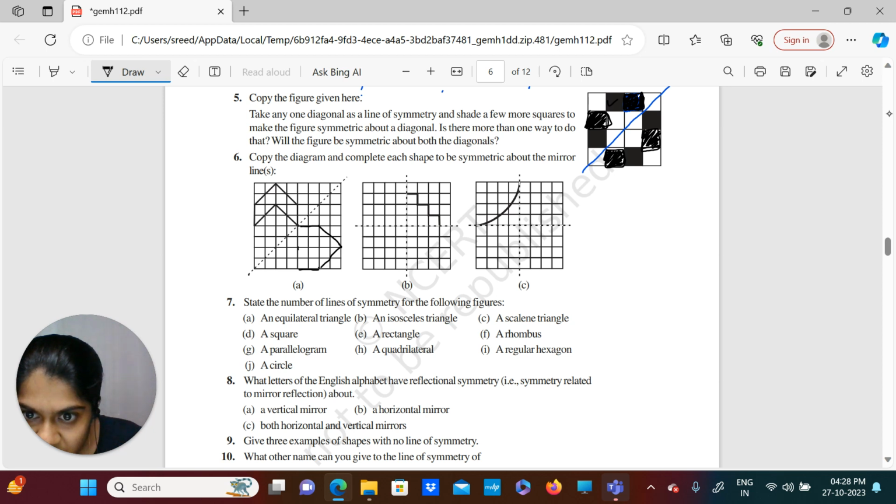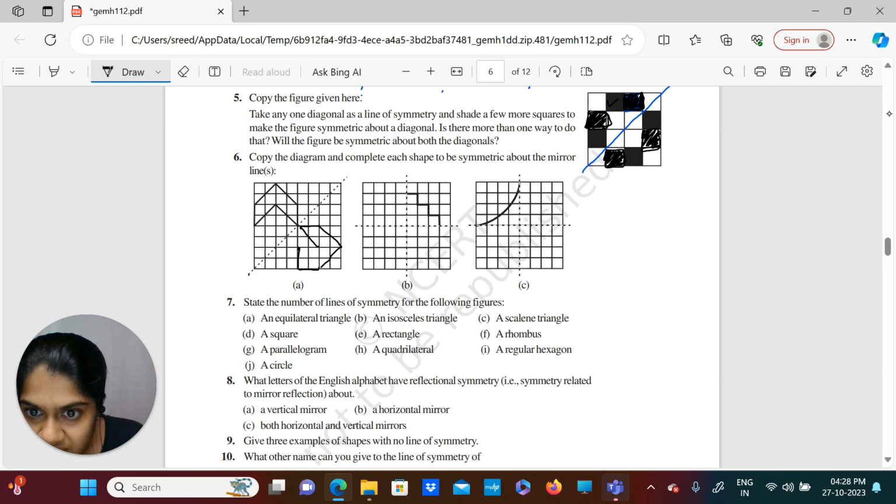Good. Draw like this. Help me out, guys. How can I do this? I can draw like this, no?